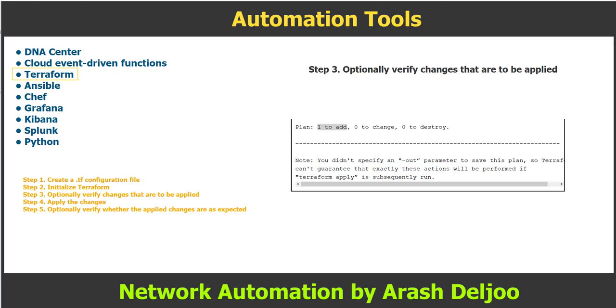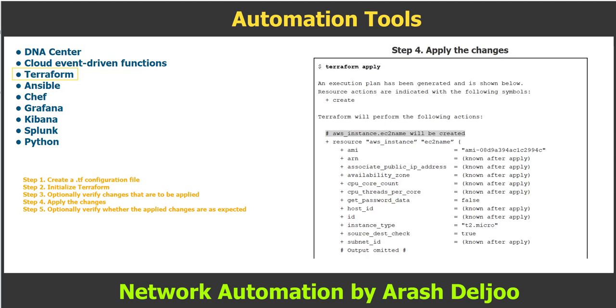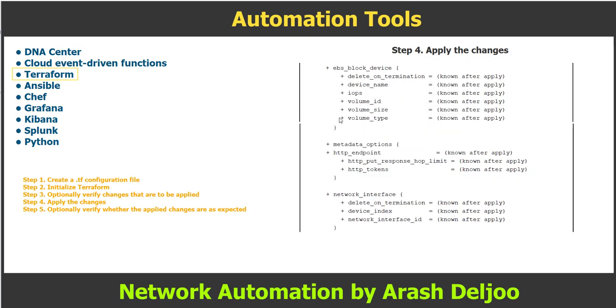Now let me go to the next step, step 4. In step 4, we apply the change with the command terraform apply, and here you can see that an AWS instance, for example EC2 name, will be created, and also here we have more information. And then you will see this page, and also one more page.